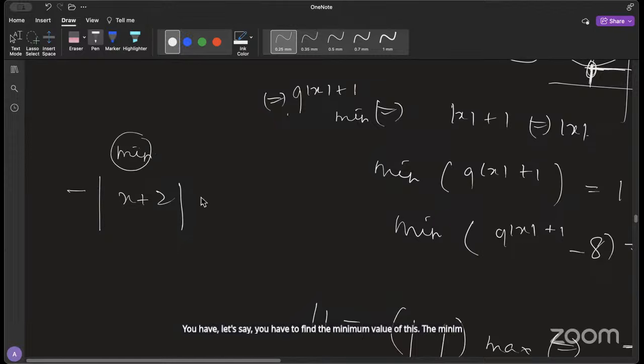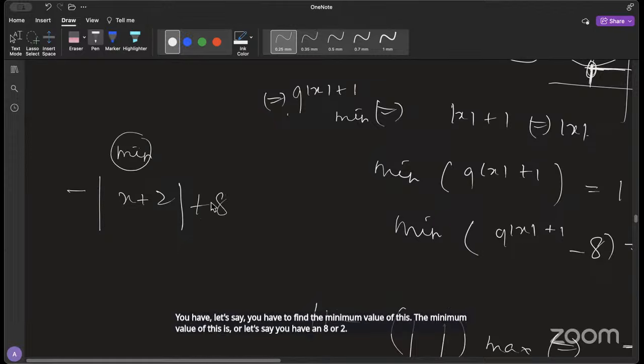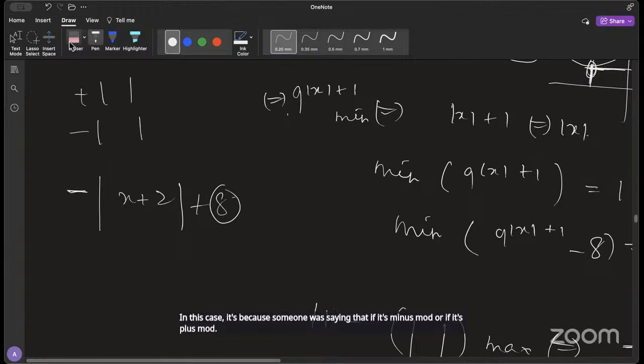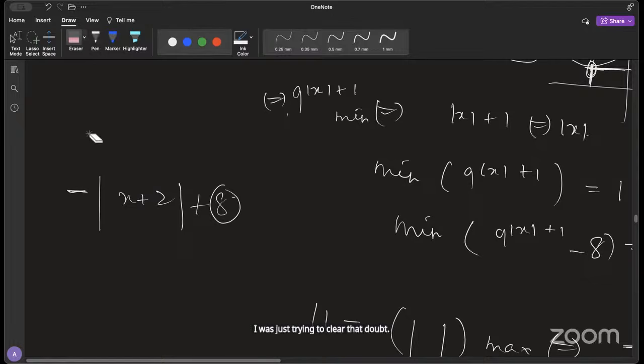Someone was saying that if it's minus mod or plus mod, so I was just trying to clear that doubt.